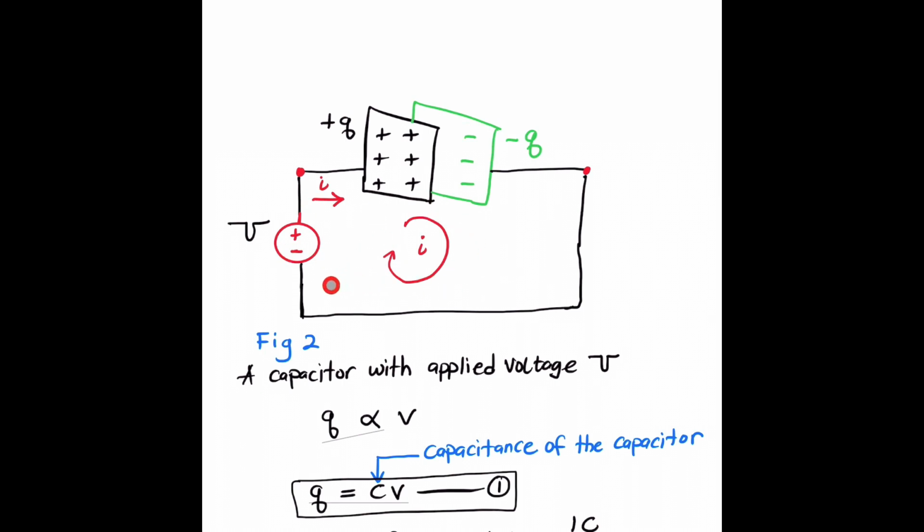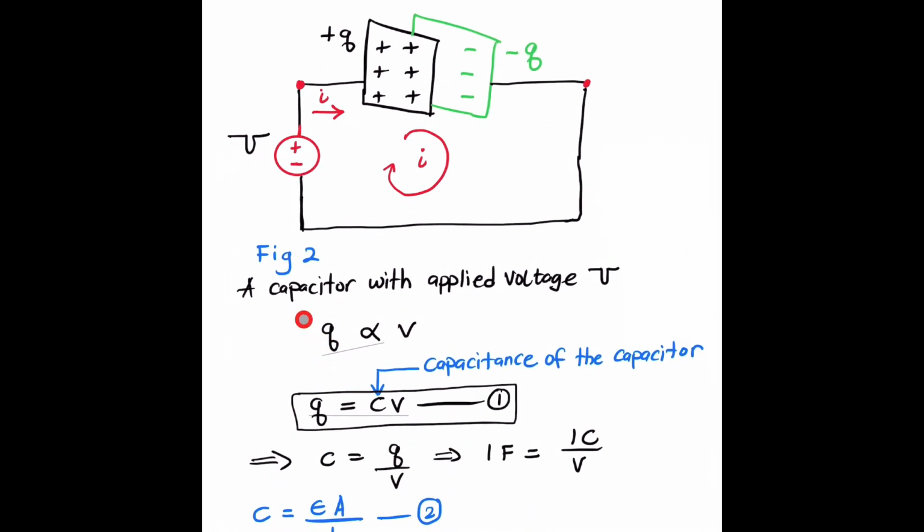So what is going to happen is that we're going to have positive charges on this black plate and negative charges on this green plate, and the charge per plate is proportional to the potential difference applied. Now, potential difference is always across an element, and current is always through the element.